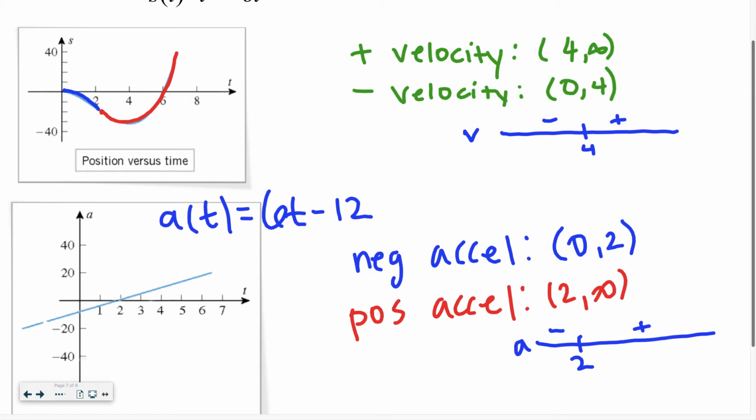So we would be slowing down from 2 to 4. Okay, so it may help to draw out these number lines so you can compare where the negatives match up, where the positives match up, and where you have that mismatch of sign.